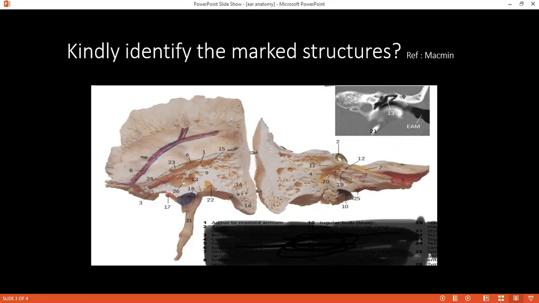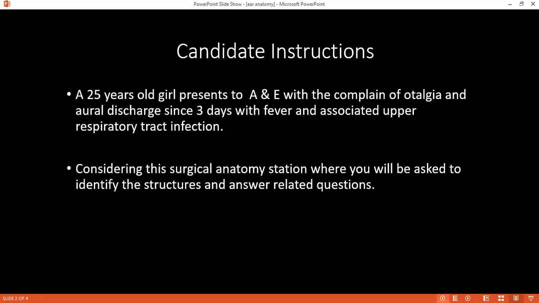Okay, since this patient was a child and has presented with otalgia and there was ear discharge as well, can you please tell me how the infection spreads to the middle ear, especially when children or youngsters have an upper respiratory tract infection?